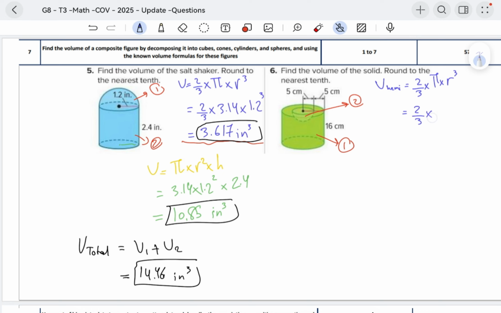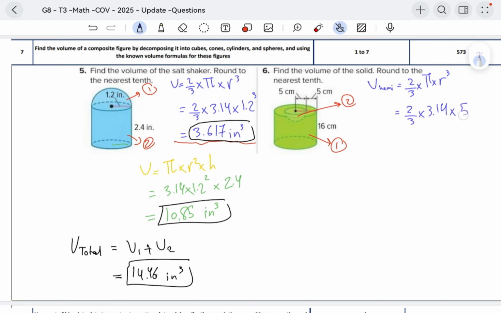Substitute 2/3 times 3.14 times the radius of the hemisphere, which is 5. So 5 cubed, which is 125, times 3.14 and times 2/3, equals 261.6 repeating.